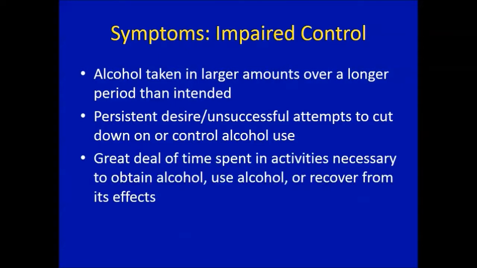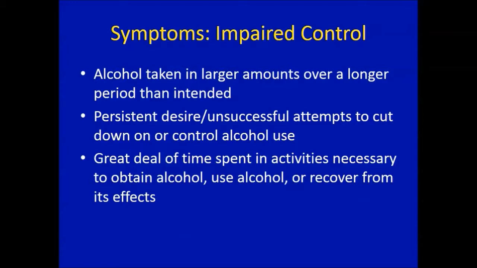Another way that impaired control can be exhibited is when a person spends a great deal of time in activities related to drinking. So that might be spending a lot of time obtaining alcohol, spending a lot of time drinking or under the intoxicating effects of alcohol, and can also include time spent recovering from the effects of alcohol.